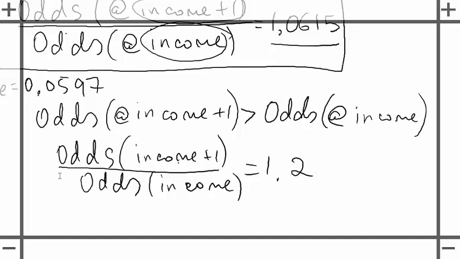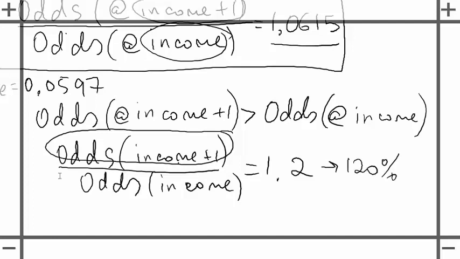Let me give you a hint. Can I say that the number in the numerator is 20% higher than the number in the denominator? Yes, because it corresponds to 120%. So my odds at the new level of income plus $1,000 equal my old odds plus 20% on top of that.